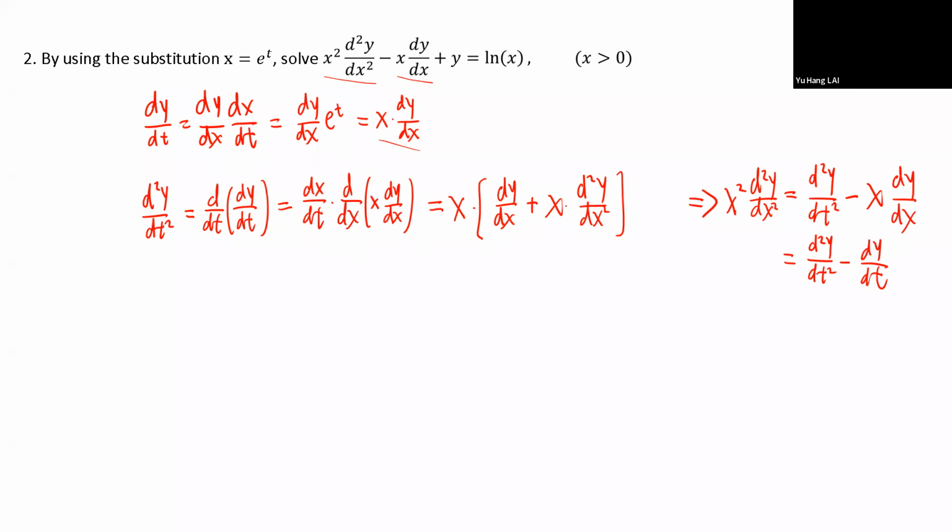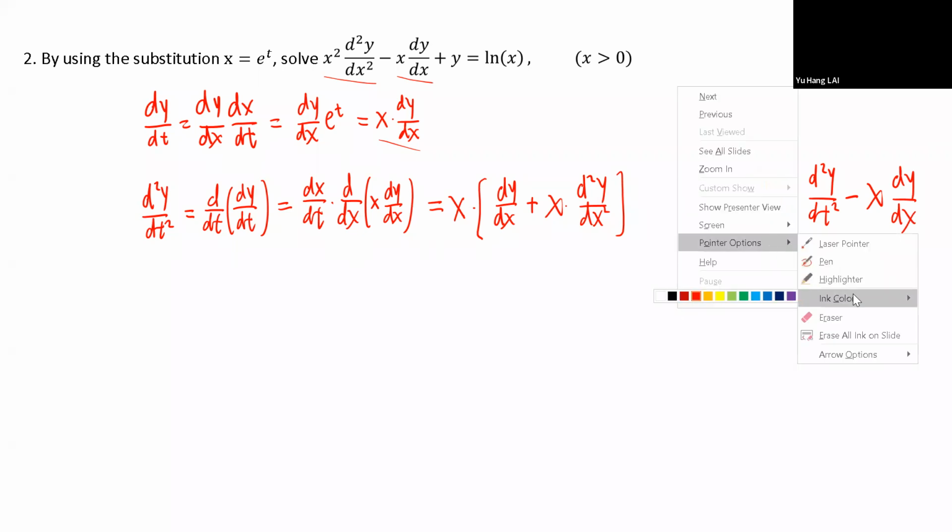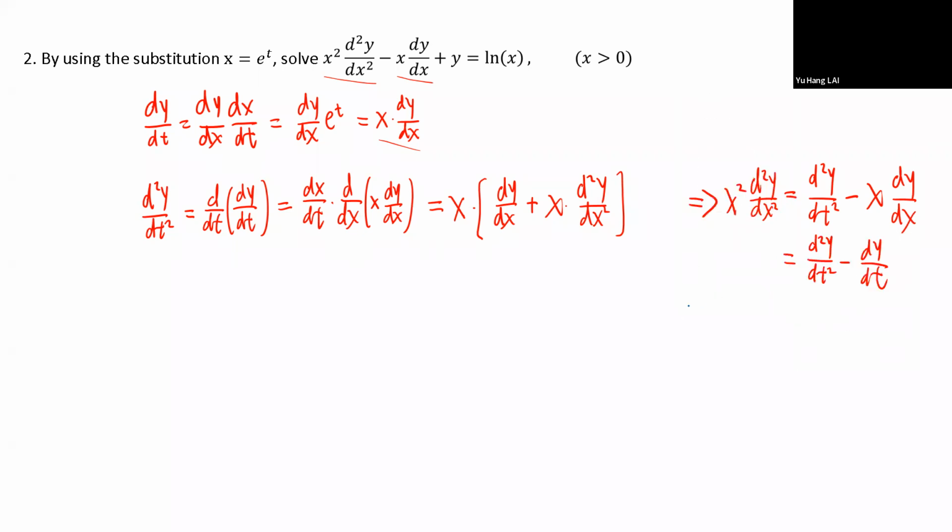So then we have everything we need. This is the first one we need. This is the second one that we need.